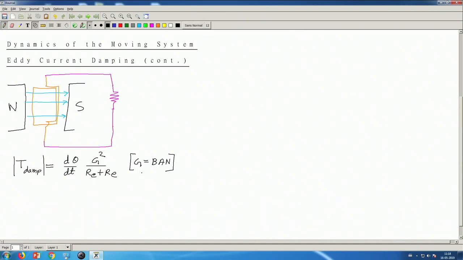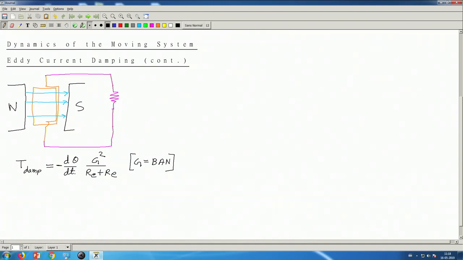This torque always acts in the direction opposite to the angular velocity of the coil. So I can erase this mod sign and put a negative sign here to indicate that the direction of the torque is always opposite to the direction of the angular velocity.